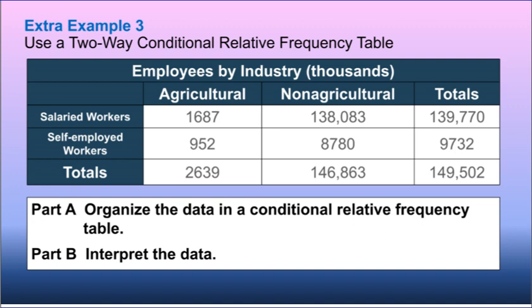So here we have our data here, and we're going to do conditional, so you're just going by row itself. So here, divide this by the total, which is 139,770. We're going to divide everything by 139,770. So this first one, 1687 divided by 139,770.